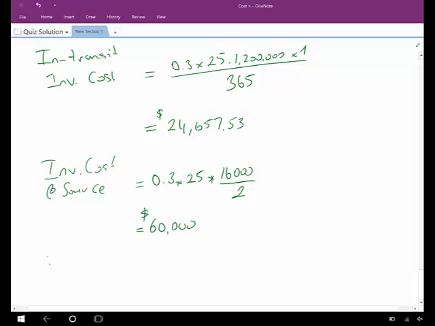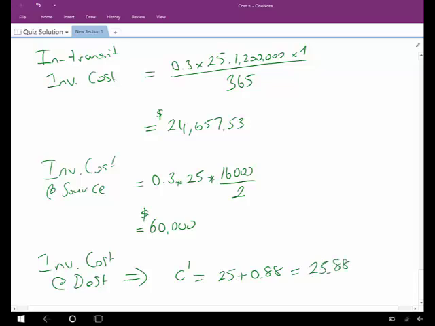And then inventory cost at destination. First, I'm going to define C prime, that is 25 plus 0.88, that is 25.88.